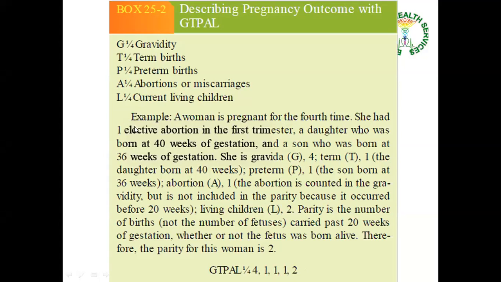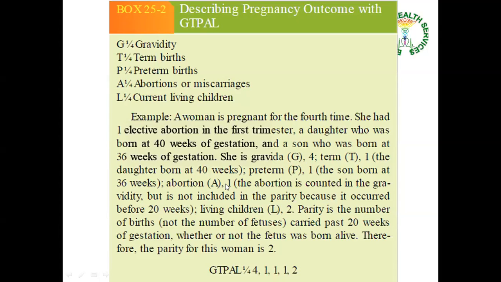She had 1 abortion and 1 daughter who was born at 40 weeks, meaning more than 38 weeks, so it is a full term. One son who was born at 36 weeks, meaning birth before 38 weeks of pregnancy, so it is preterm. And abortion is 1.